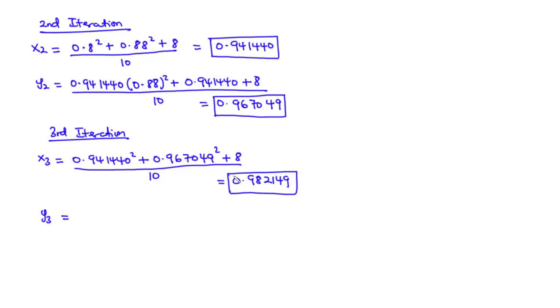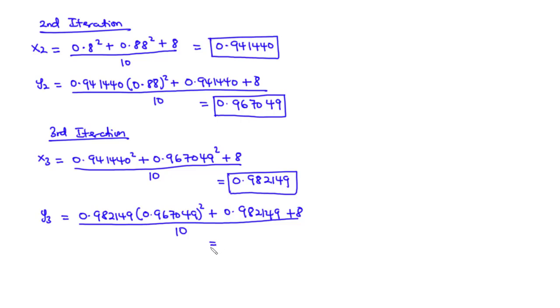So the most recent value of x, that is what we've just found, 0.982149, times the most recent value of y, that is this one, 0.967049, the square of it, plus the most recent value of x, 0.982149, and then plus 8, all divided by 10, and this is 0.990064. Now let's move on to the fourth iteration.